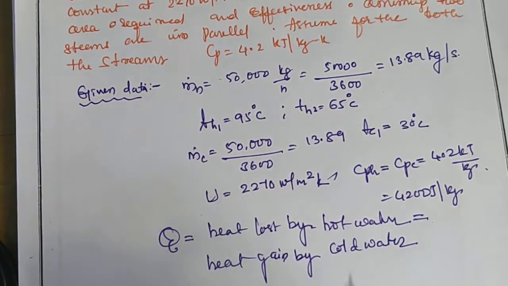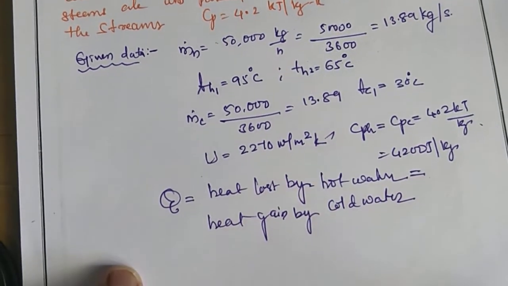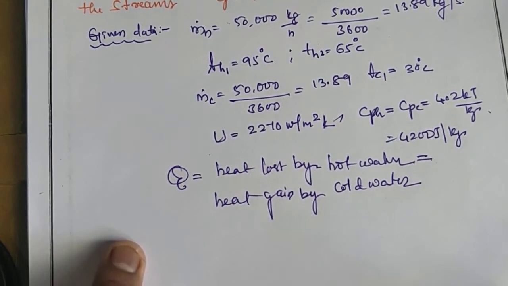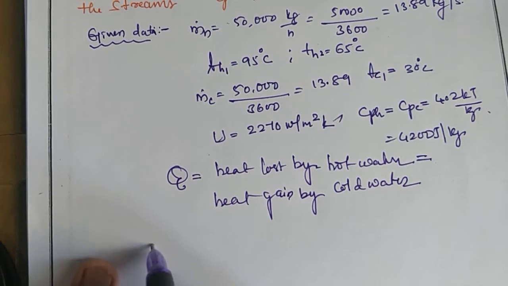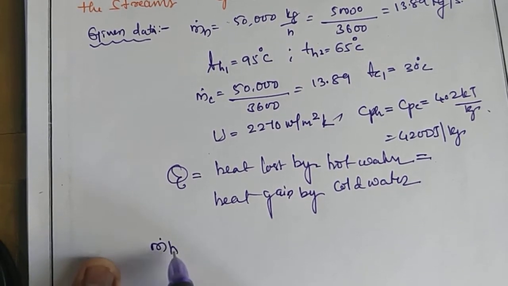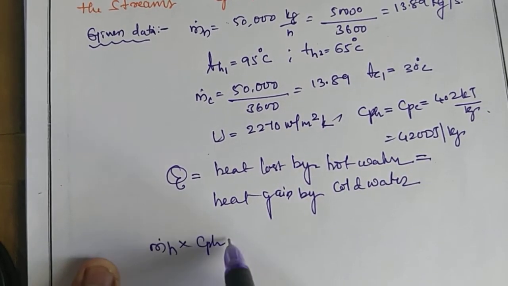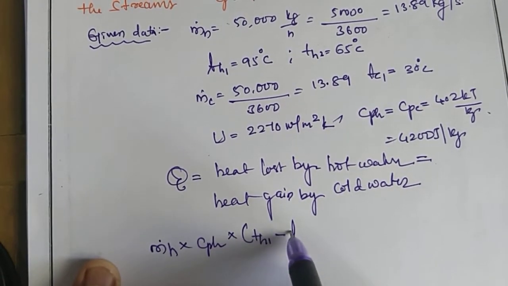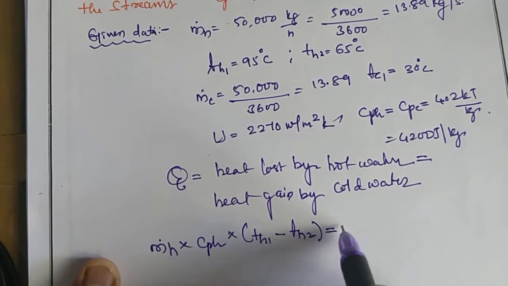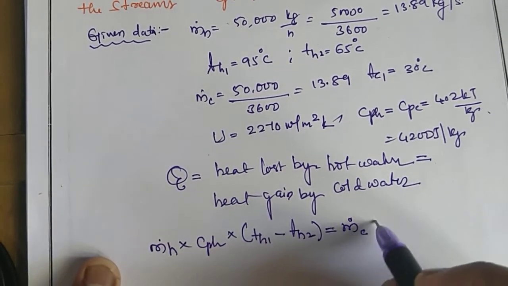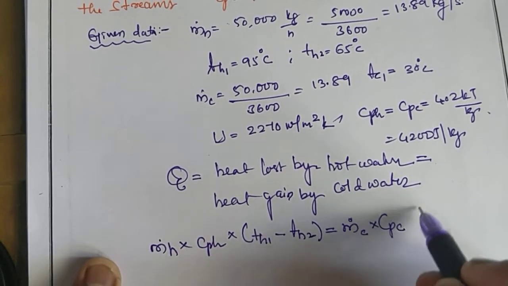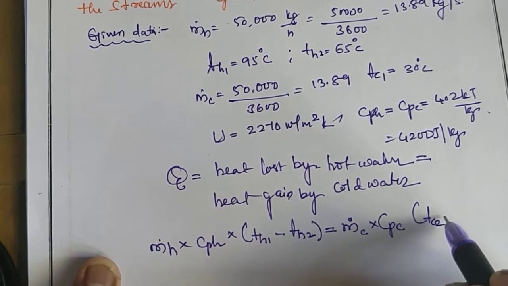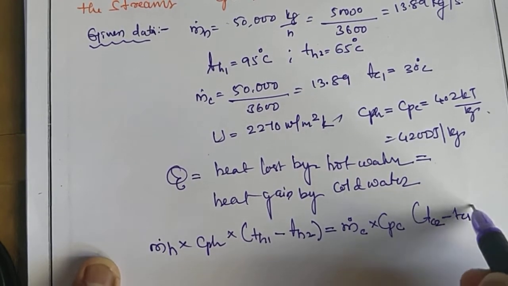By taking this energy balance equation, we have to find the unknown values. That is, mh Cph (Th1 minus Th2) is equal to mc Cpc (Tc2 minus Tc1).